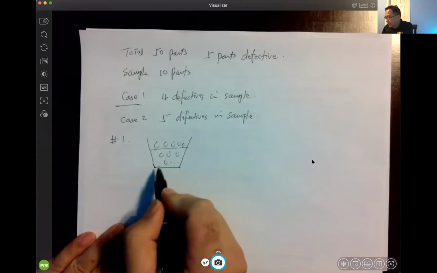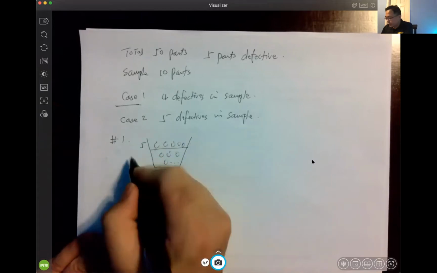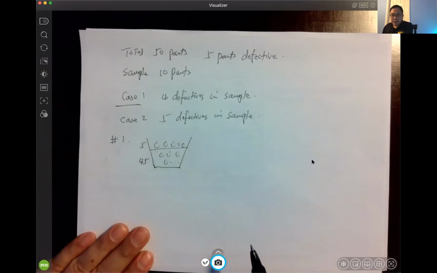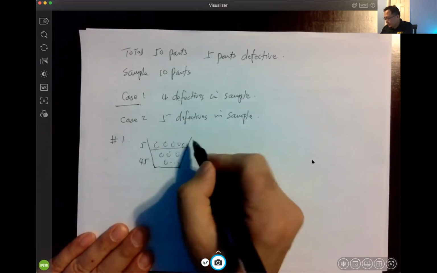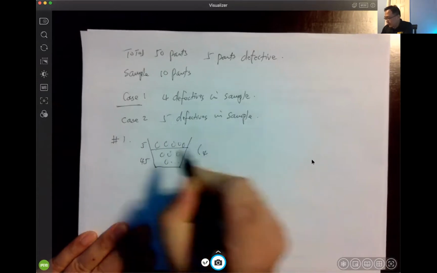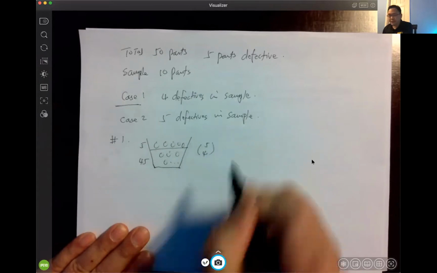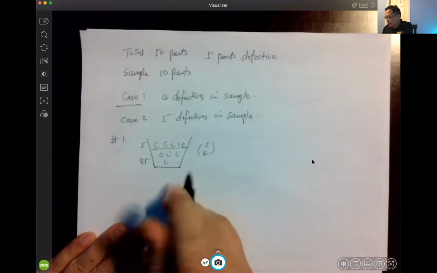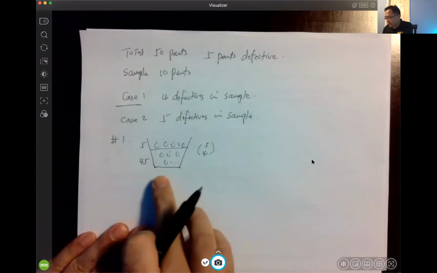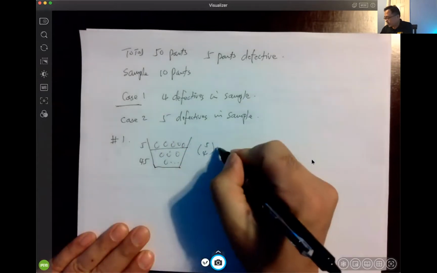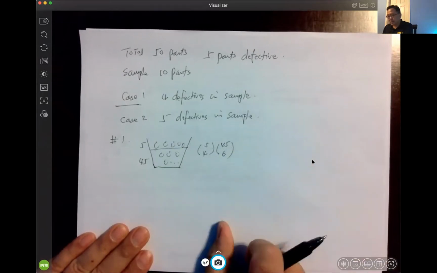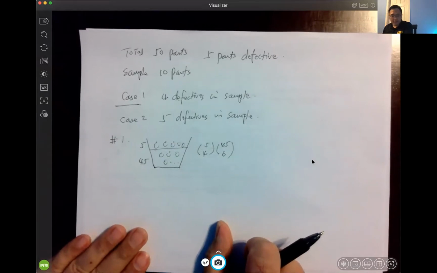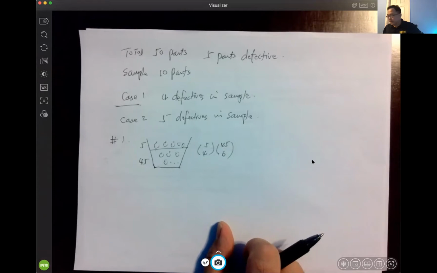The remaining 45 of them are not defective. And in this sample, I need to choose 4 from those 5 defectives. So 5 choose 4. And I need to choose the remaining 6 from those non-defective parts. So 45 choose 6.